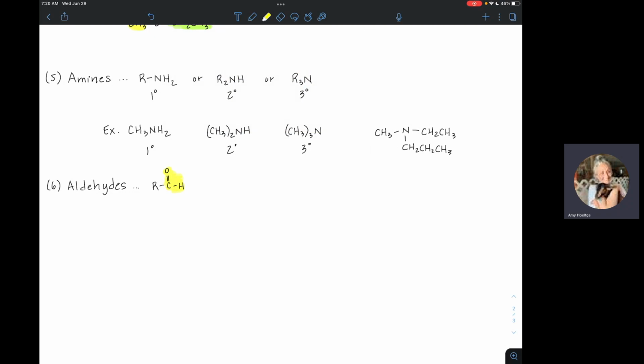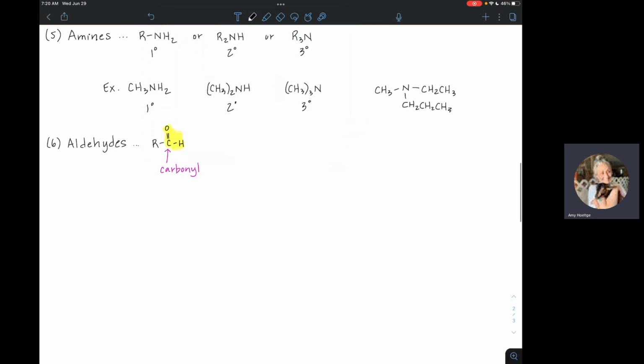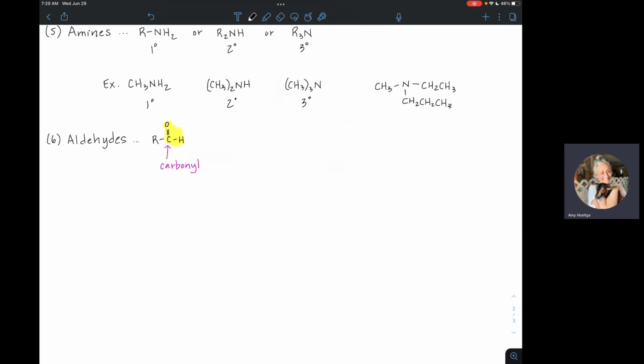Because there will be other functional groups that have the carbonyl. This is what we're talking about. This is called a carbonyl, not a carbonyl, it's a carbonyl. And it's going to be a point of some pretty useful chemistry for us in this class. So that's going to be the spot where we usually do the chemistry.